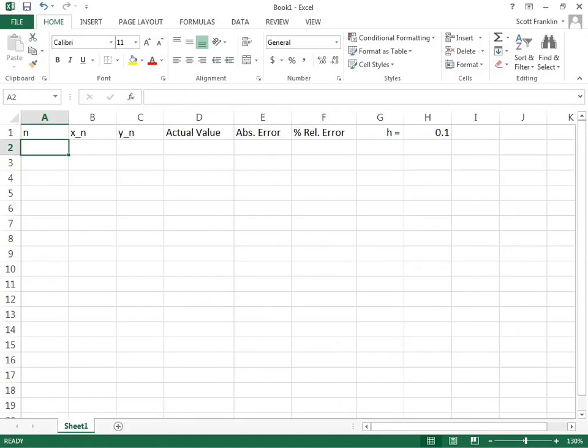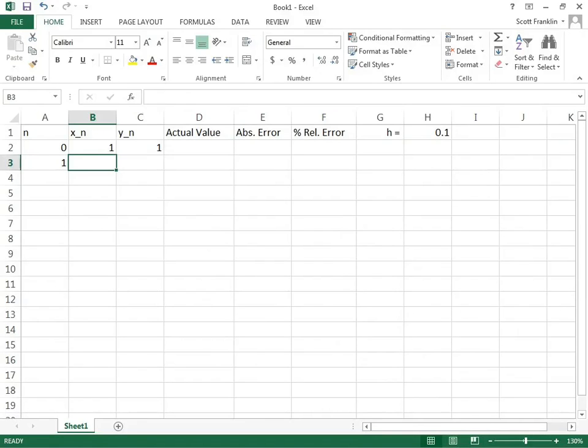So for n equals 0, I know that my x sub 0, my first value of x, is 1, and my first value of y is also 1. Now for my first value of n equals 1, I'm going to take my previous x value using my formula for Euler's method.